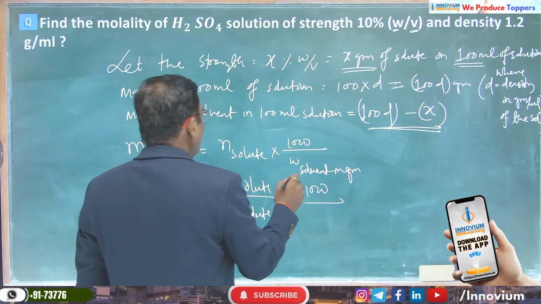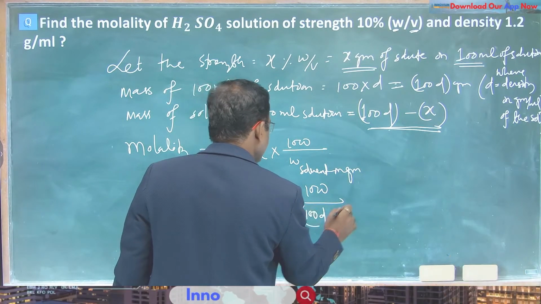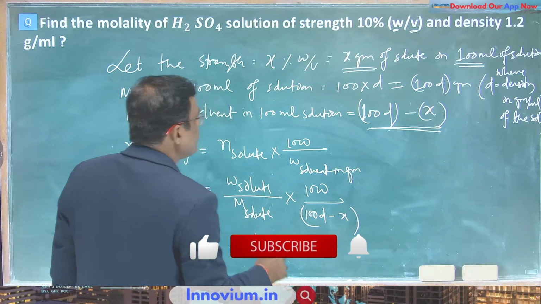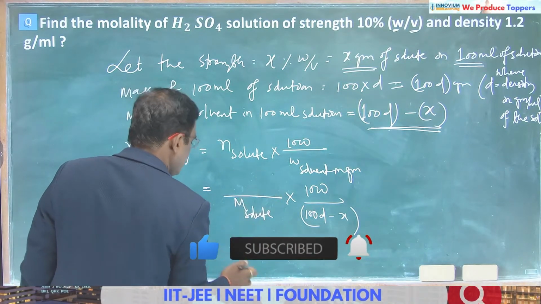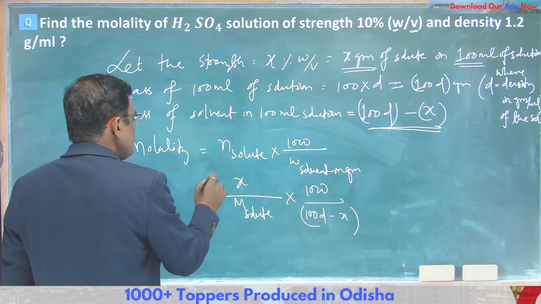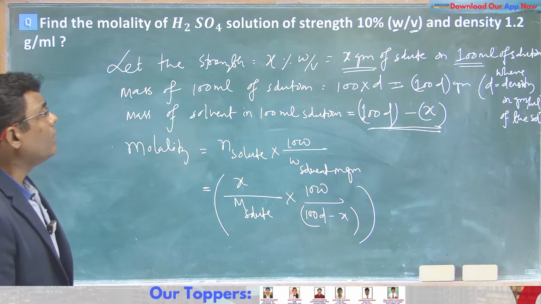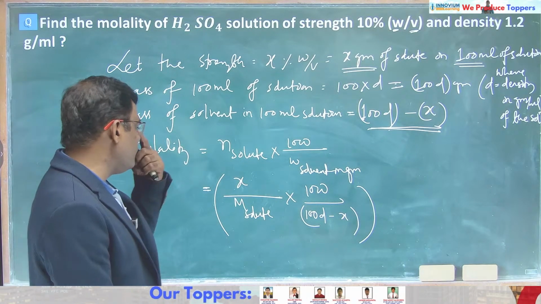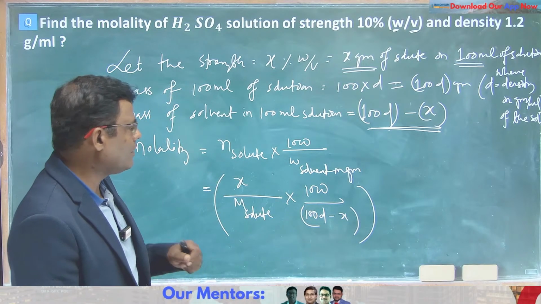The mass of solvent in gram is 100d minus x, and the mass of solute is x, which we can put here. So this is the general formula to find the molality if the strength of the solution is given in terms of percentage W by V and density data is given for the solution.